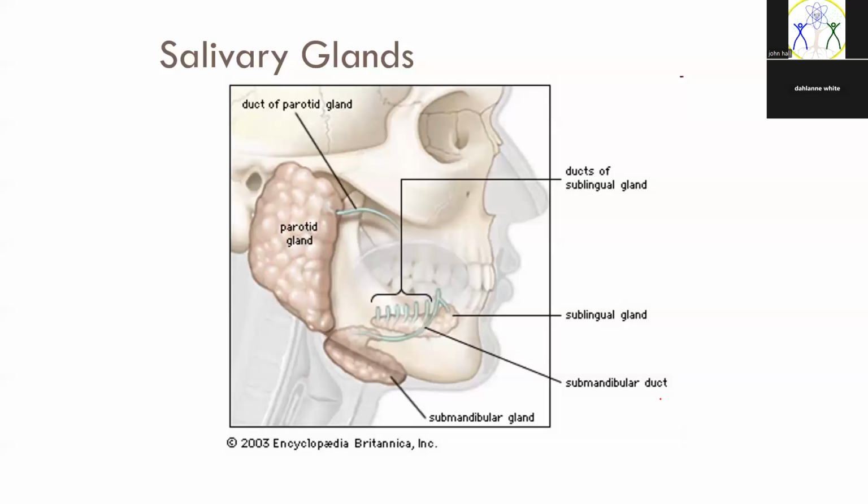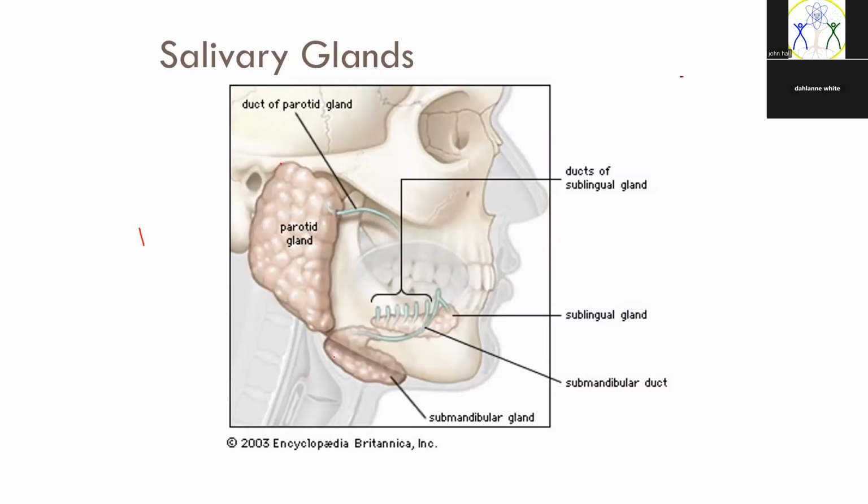Now, I believe you would have done salivary glands in AMP1 already, but let's just run through them real quick. You have the parotid salivary gland, which is the largest salivary gland, and its main function is to produce salivary amylase.